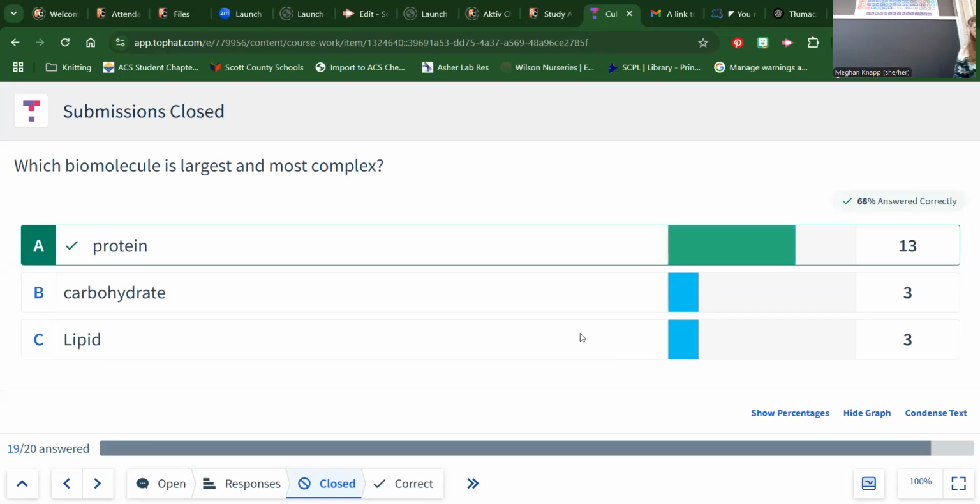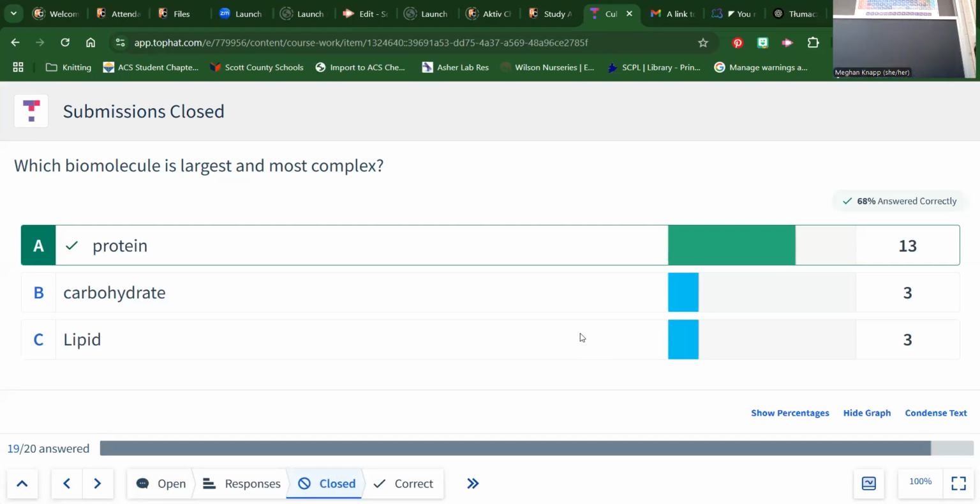So the protein was the only one where we talked about having like 20 different little pieces that we could put together in lots of different ways. So that makes it very complex. And then because there are hundreds of them rather than just 4, that makes it very large. So our proteins are very, very big. And then all of the parts are different. And so that makes it complex.